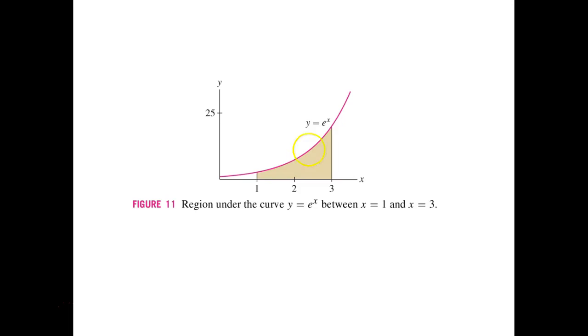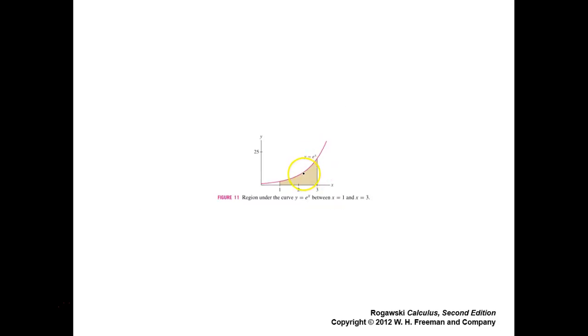So let's do it. Let's do this as our delta x, or dx. What would be the centroid of that? Let's do moment with respect to the y-axis first. So that's going to be this one.